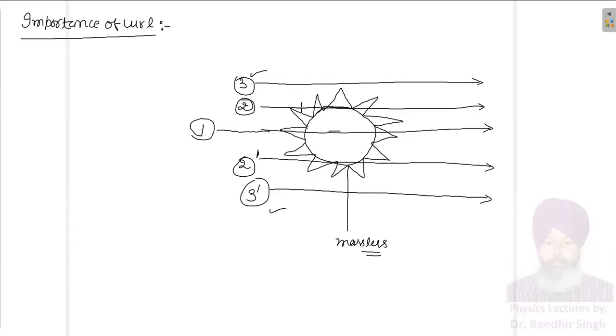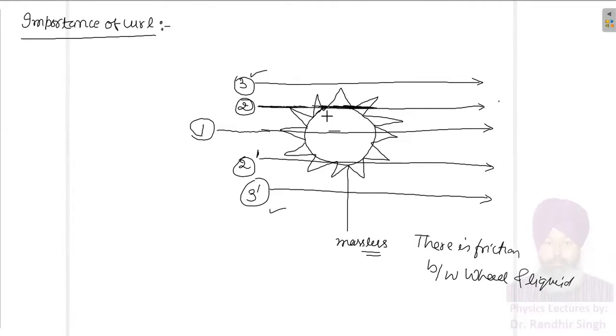Now let us see streamline number 2. You can see this streamline 2 is tangential to the boundary of the wheel. Let us assume that there is friction between the wheel and the liquid.